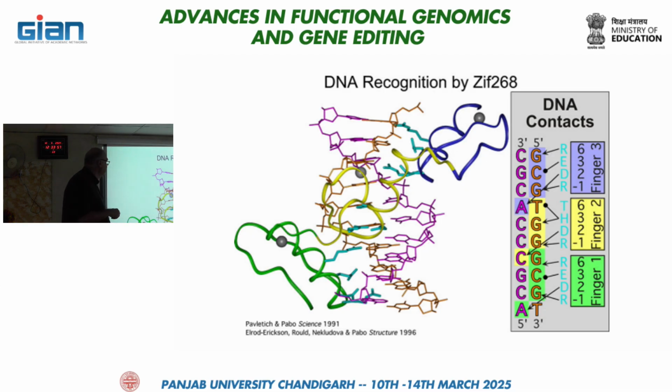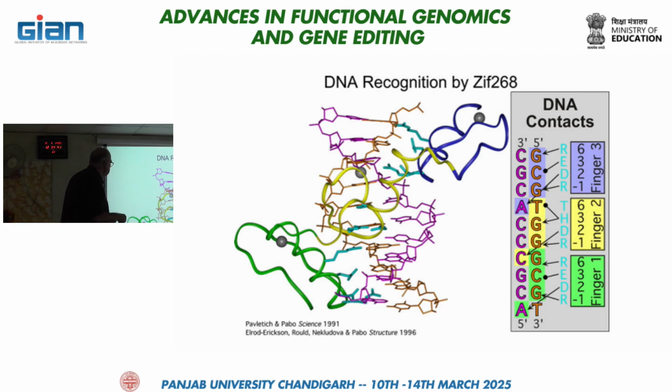Just to remind you, zinc finger containing proteins are usually proteins like transcription factors, for example. They can recognize a precise sequence in DNA, and usually you have several zinc fingers. This is a specific domain with coordinated zinc. Here is an example of three zinc fingers, the blue one, yellow and green.